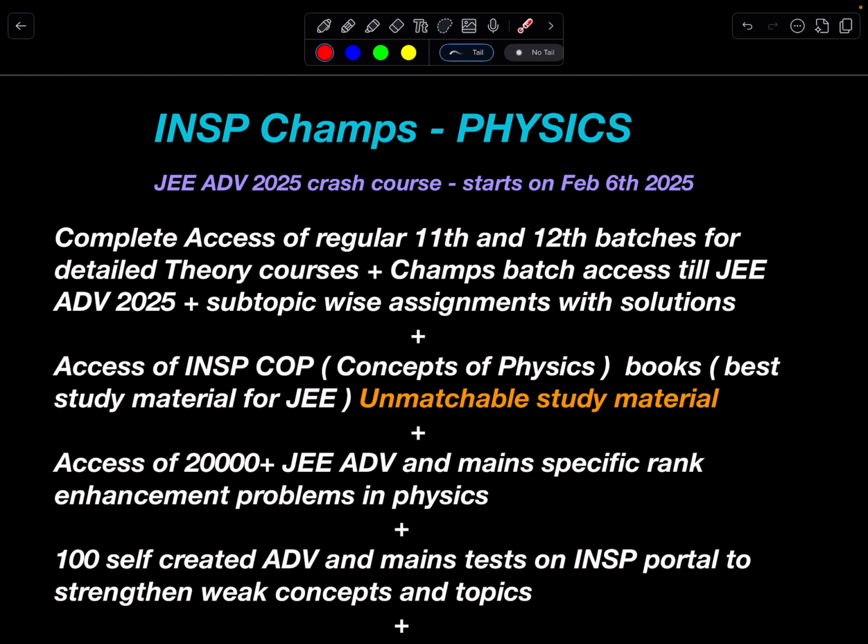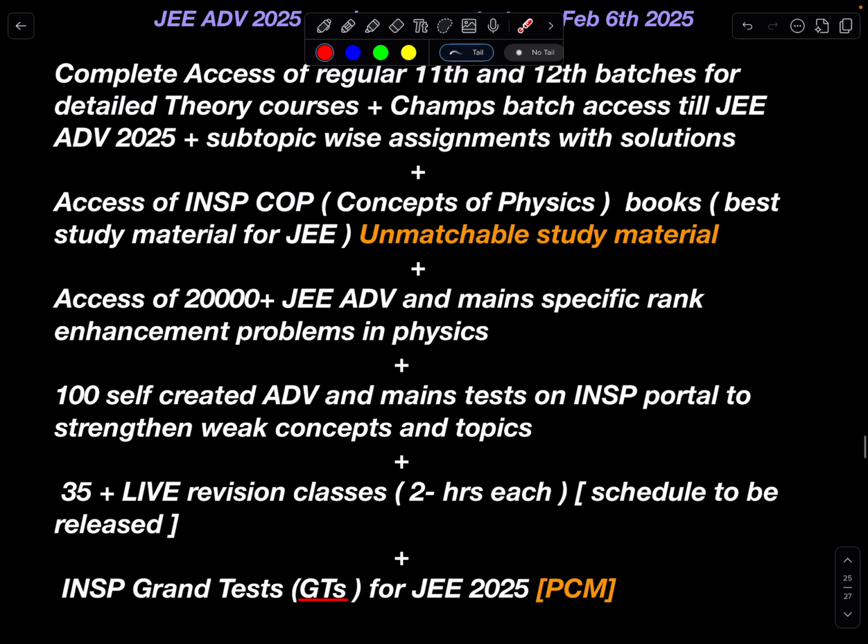On every subtopic you'll get assignments and the solutions of that, and you'll have access to my books, INSP COP concepts of physics books, and the kind of response these books are getting, it is truly unmatchable study material for your preparation and will give you a huge advantage, especially when it comes to JEE Advanced.